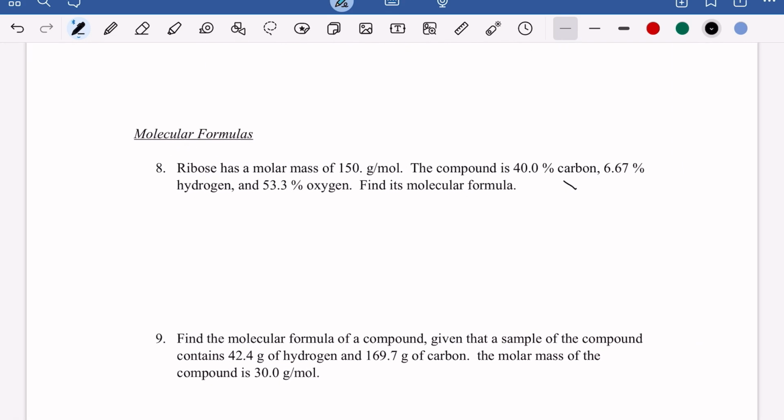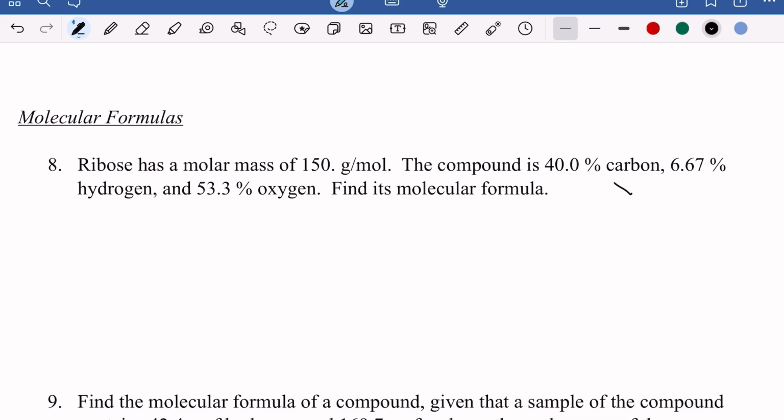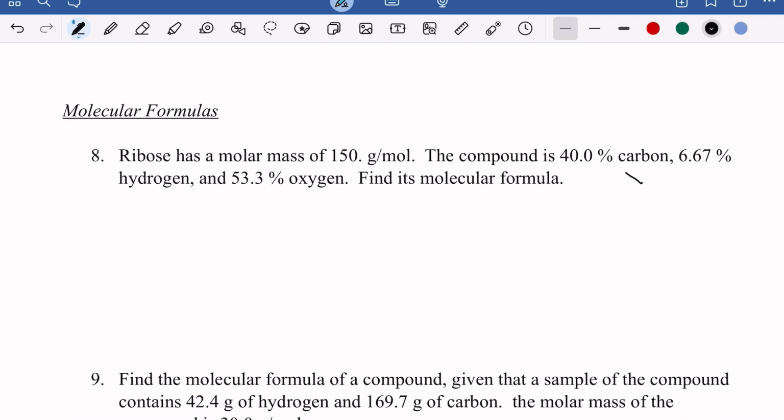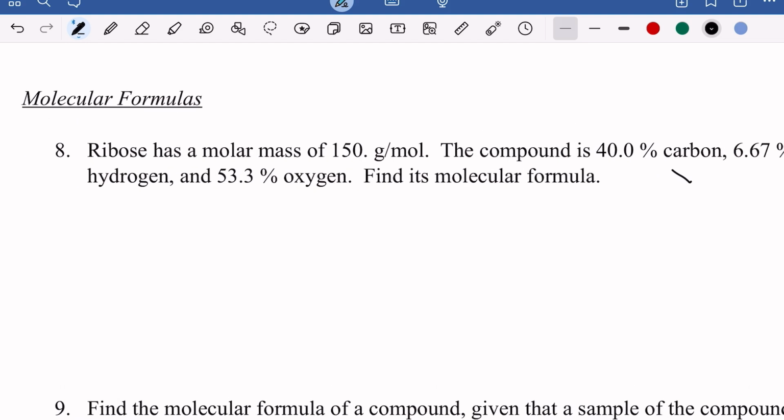Okay, now let's look at a molecular formula problem. It's going to be pretty similar at first. We're first going to find the empirical formula, so we do the same thing.